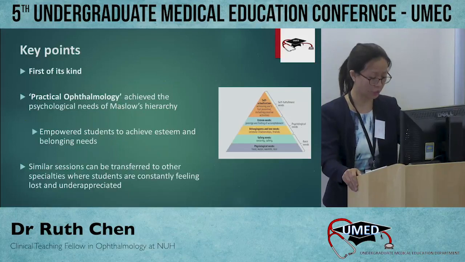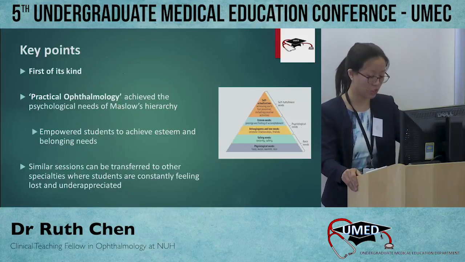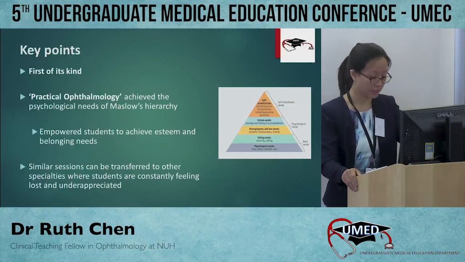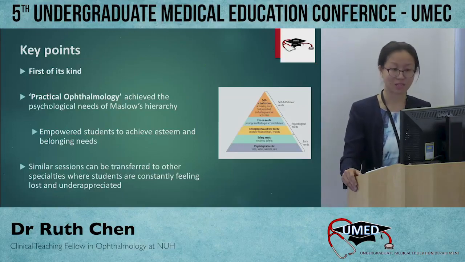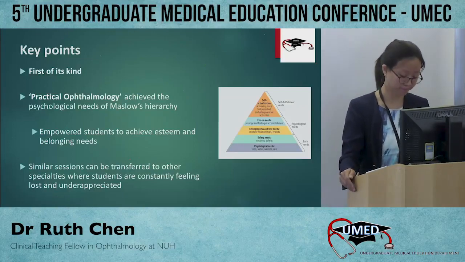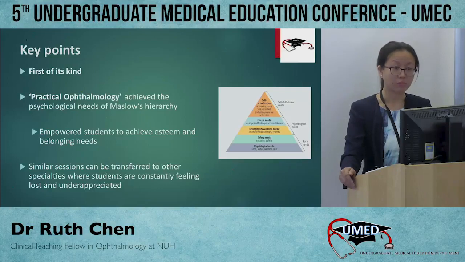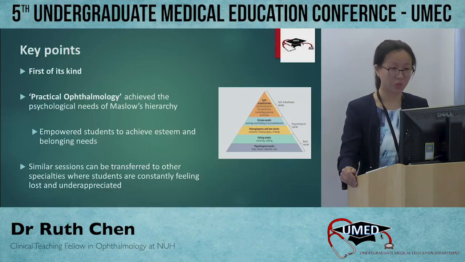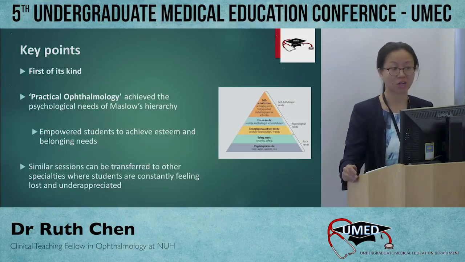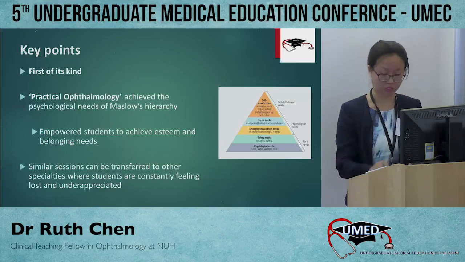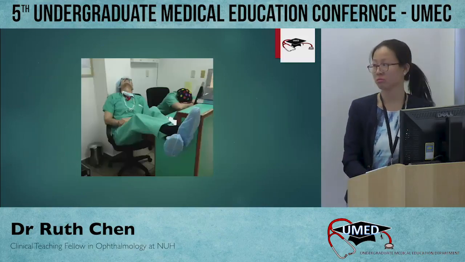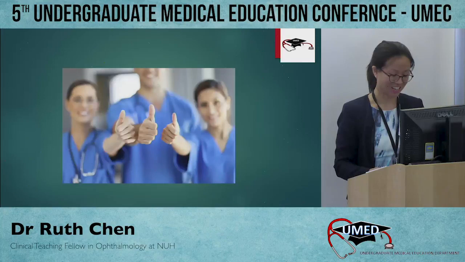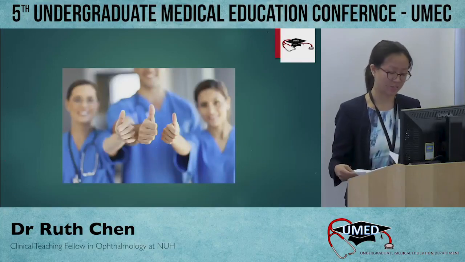And our intervention showed that it empowered students to achieve belongingness and esteem needs, maximizing the learning opportunities. It is now part of our timetable. And I believe Maslow's needs can be employed in other specialties where students may feel lost or underappreciated, in hope to transform them from this to happy, keen, and enthusiastic learners.